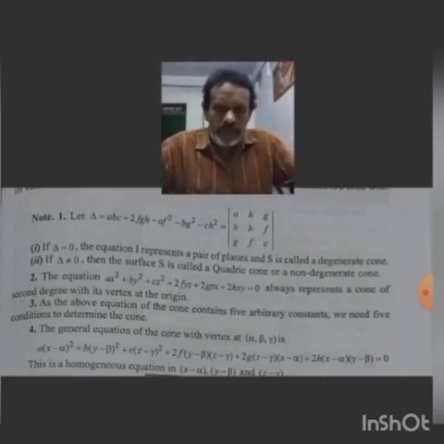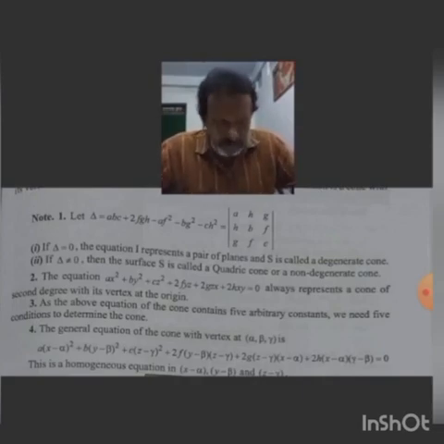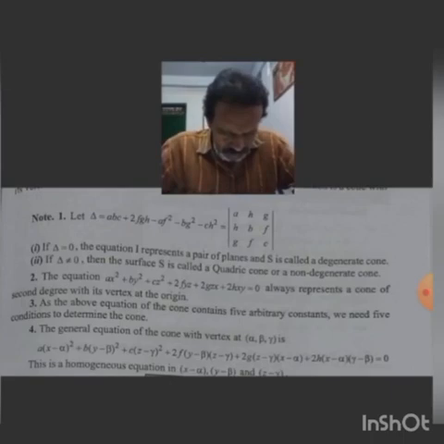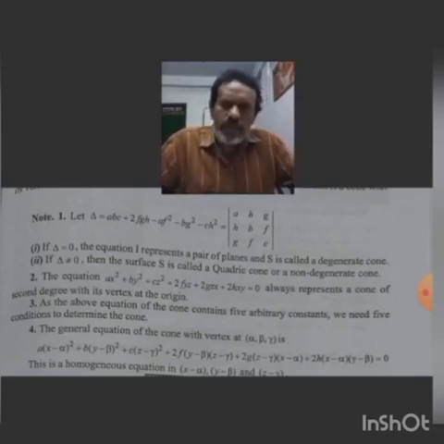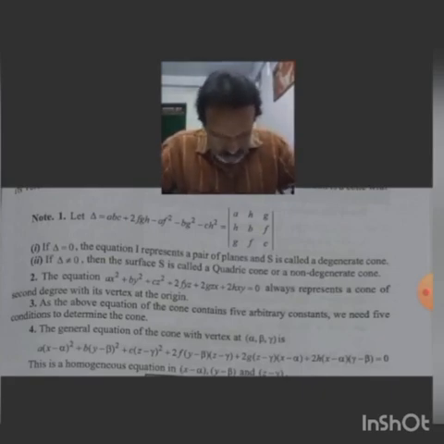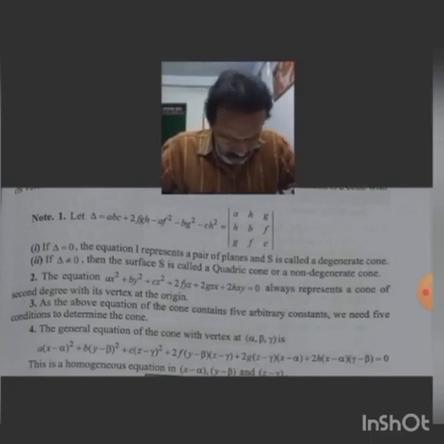I will give very clear points. You can take delta is equal to abc plus 2fgh minus af square minus bg square minus ch square, that is equal to the determinant of a h g, h b f, g f c. If delta is equal to 0, what will happen?